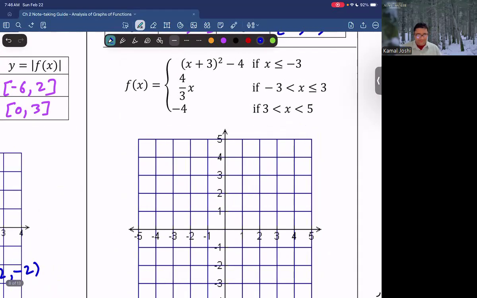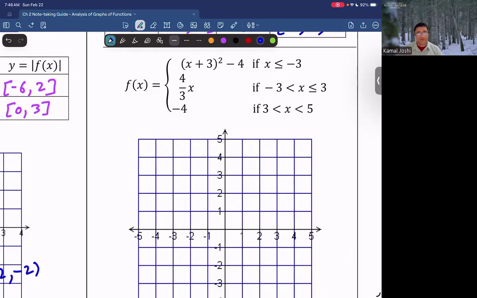Piecewise function. Sketch its graph. You can sketch the graph if you want by plugging in different values of x and getting the values of y and then just joining the dots. Always remember that that method is always available.